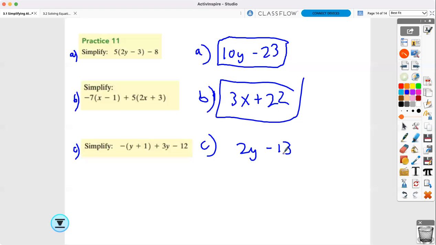Let's see if anyone agrees or disagrees. All right, anyone want to confirm what they got for C? Did they get 2y minus 13 or something different?